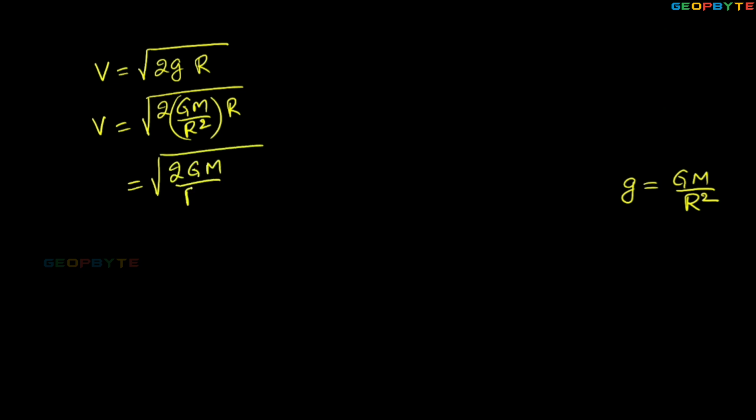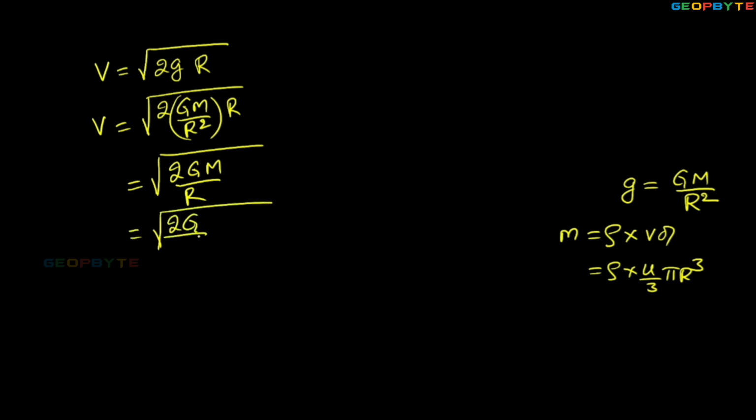But as you know, mass equals mass density multiplied by volume. Density into volume equals 4 by 3 into pi R cube. Let us write that value. M equals density rho into 4 by 3 pi R cube.